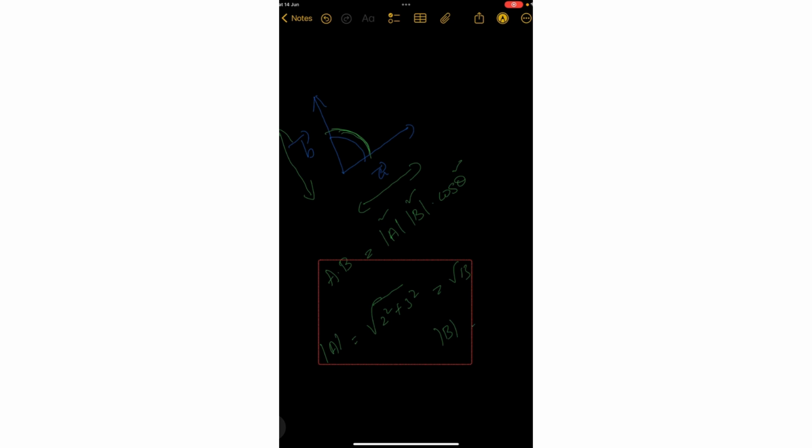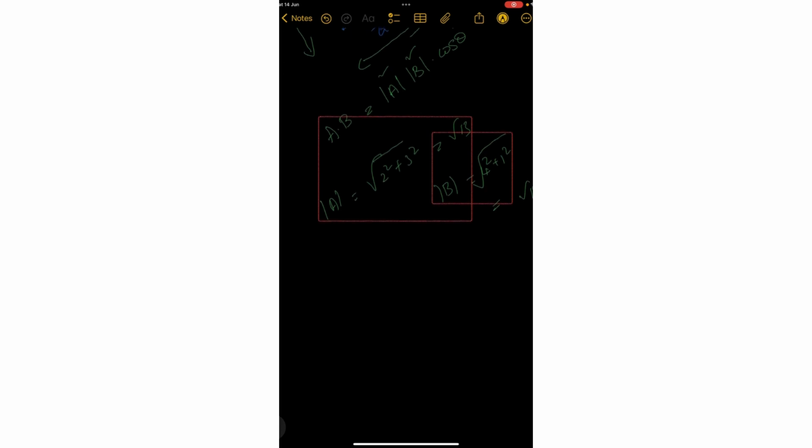Squaring and taking the root gives root 17. Then I am multiplying them, that's the formula. I'm just making up numbers, taking theta to be 60 degrees, which results in about 14.87. Cos 60 is 0.5, so this is approximately equal to 7.43.